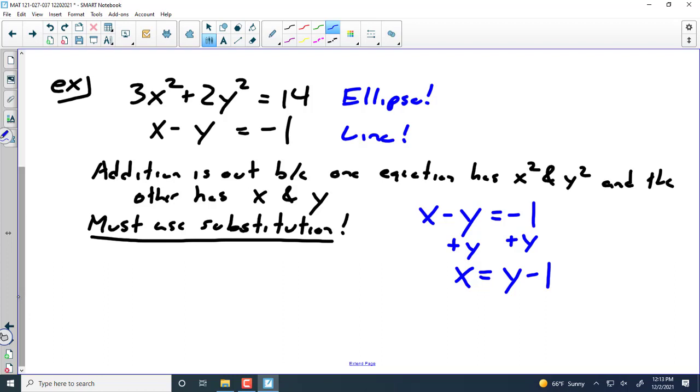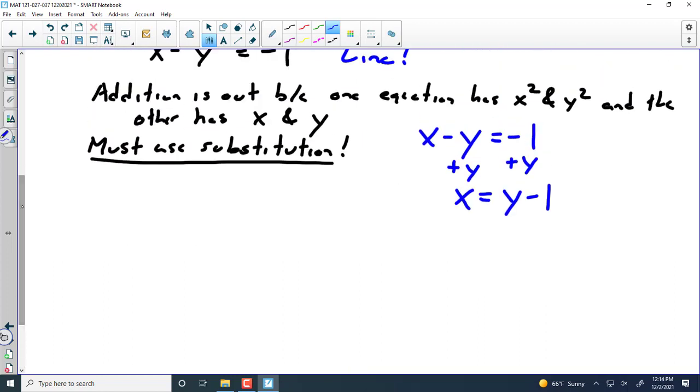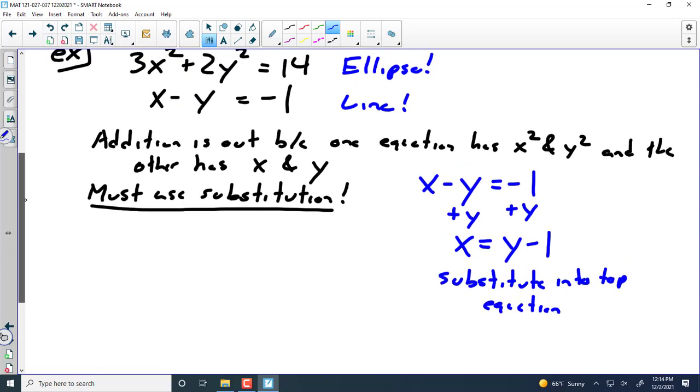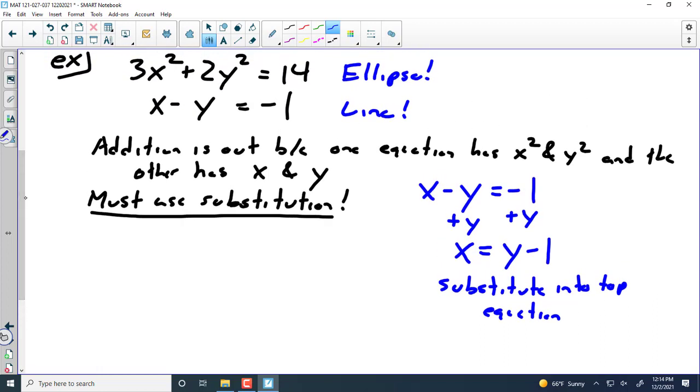So I can now substitute that into the top equation. So what's that going to be looking like? That's going to be 3 times (y minus 1) squared plus 2y squared equals 14.